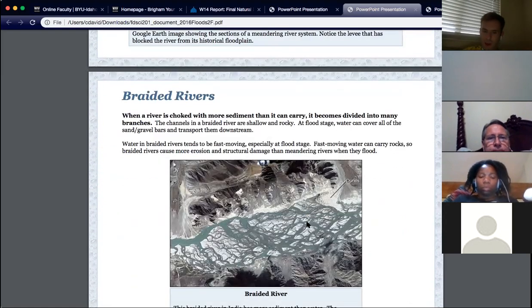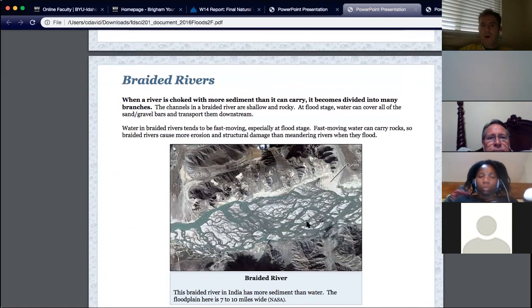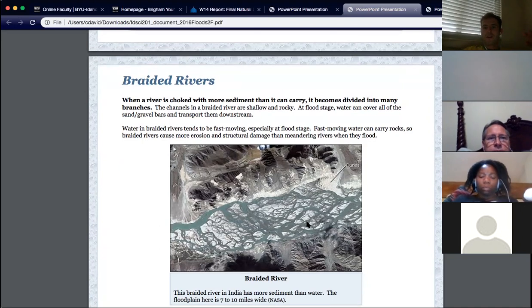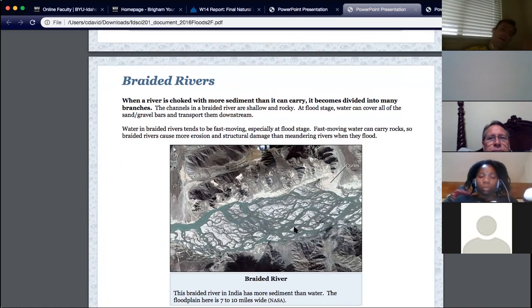Then there's what's called braided rivers. So this is typically when a river has a lot of sediment moving in it. And all of a sudden it's got so much sediment that it starts depositing in areas and it kind of braids around. It can't form one solid channel, and it'll form hundreds of different channels moving throughout.